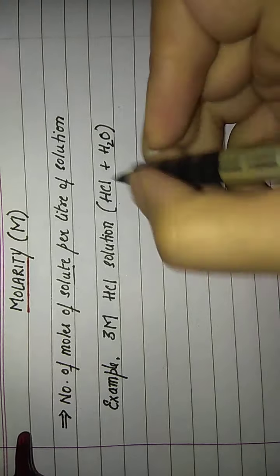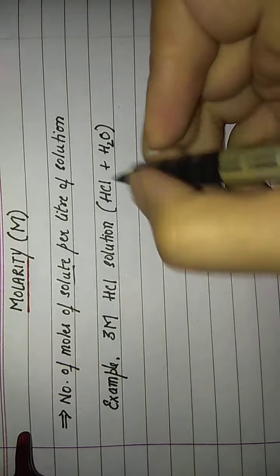So HCl is the solute in this case and water is the solvent. Fine. So 3 molar HCl solution means a solution of HCl in water. Now what information is given to me by this particular thing? Let us see.